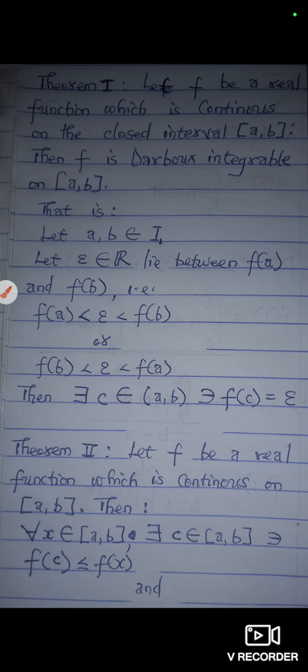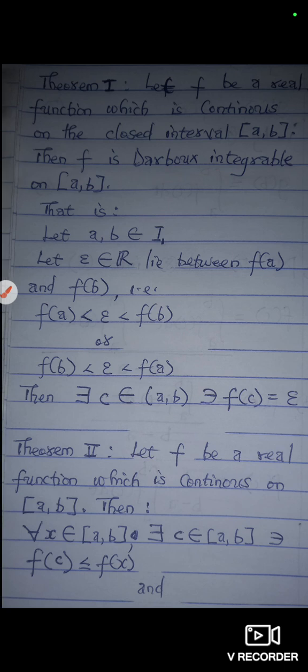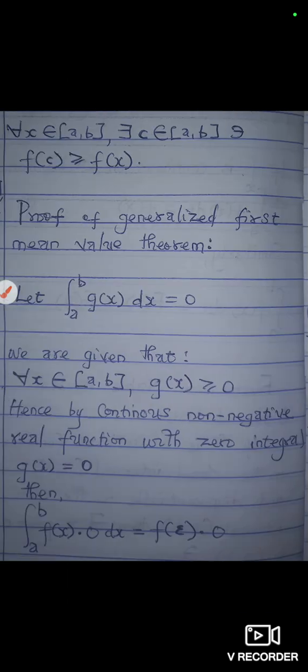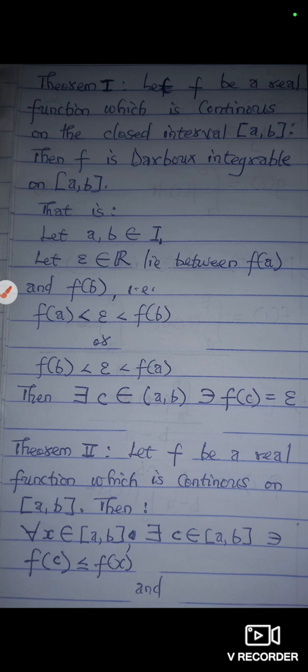Now this is the intermediate value theorem, I think. Yes, this is the intermediate value theorem. No, the extreme value theorem. Yes, it's a combination of two theorems here, but it's generally the extreme value theorem.